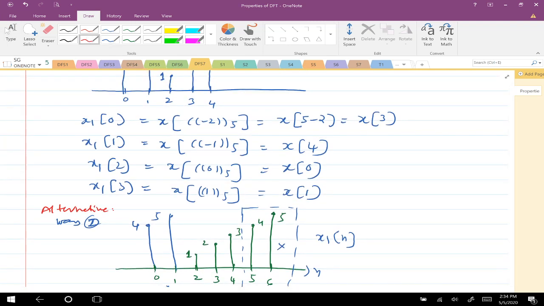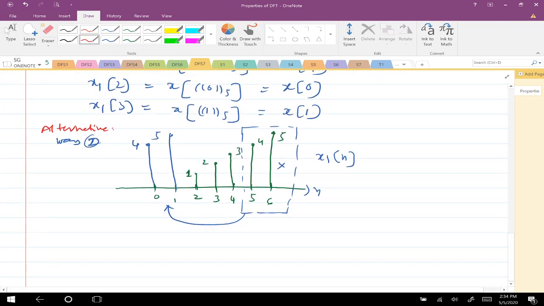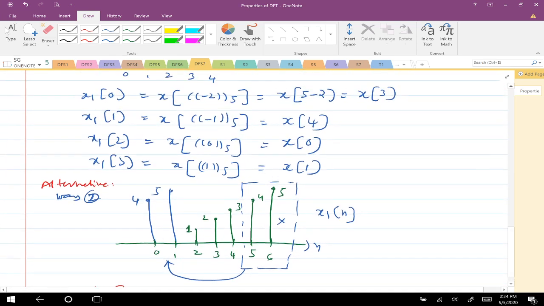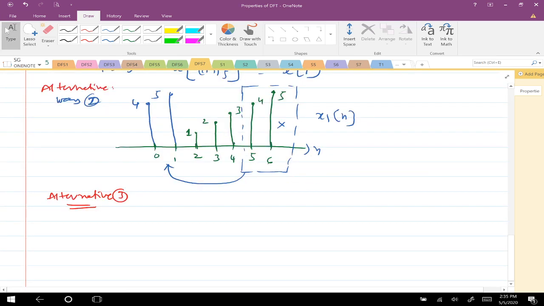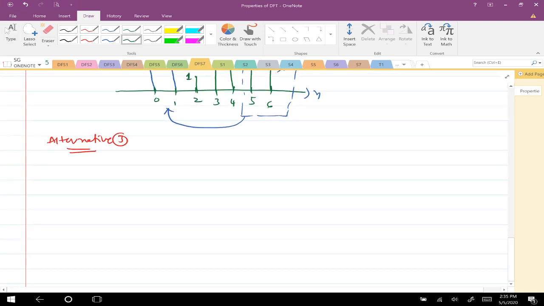As I mentioned, for the sake of completion, this is not recommended, okay, but to begin with, you have this interpretation as well, where you originally had this one, 0 1 2 3 4, right, 1 2 3 4 5.